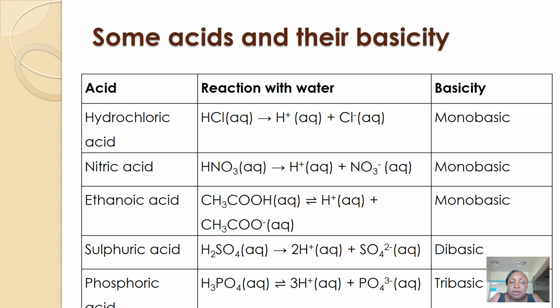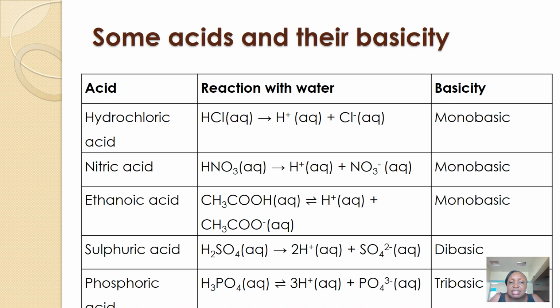Hydrochloric acid ionizes to give you 1 mole of hydrogen ions and 1 mole of chloride ions, and we say it is monobasic. Okay? If it is monobasic, it has a basicity of 1.